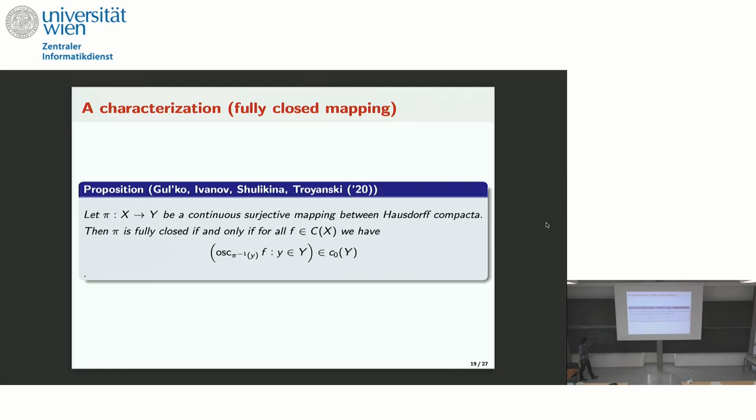So for every epsilon, you have finitely many fibers on which the oscillation of the function is more than epsilon, which is a property that is very crucial for what we have been able to do.